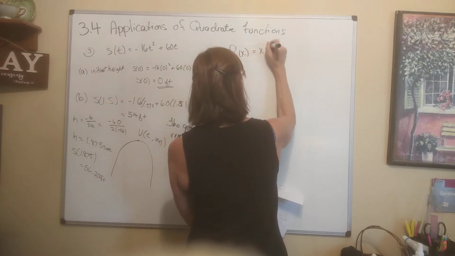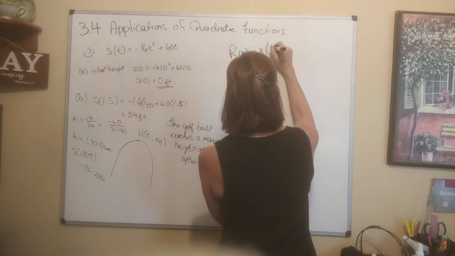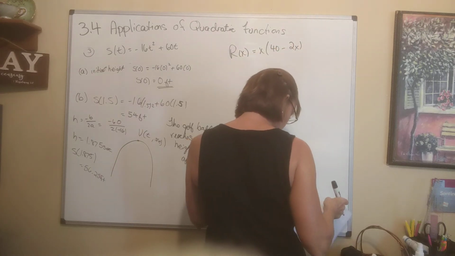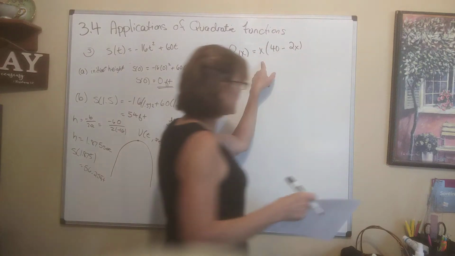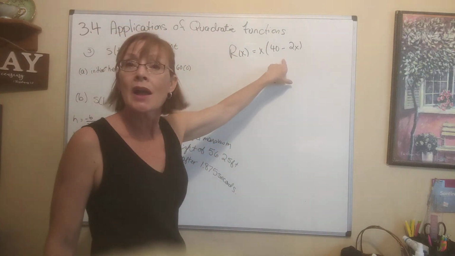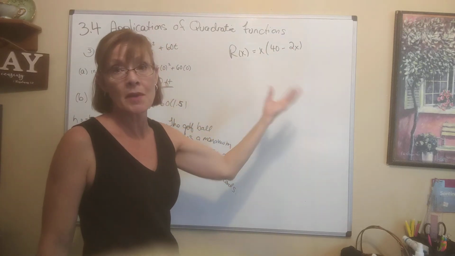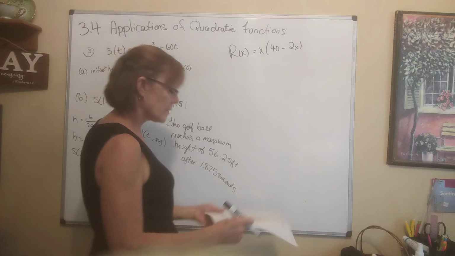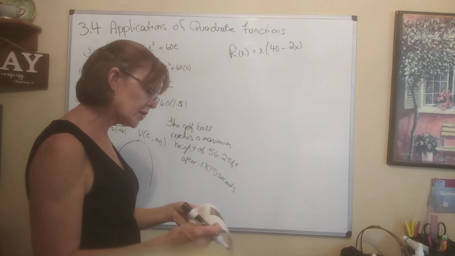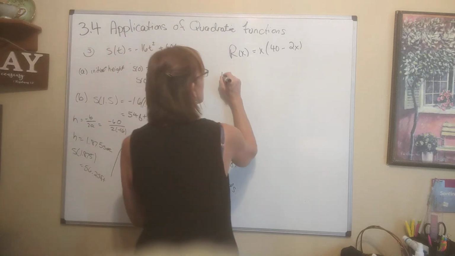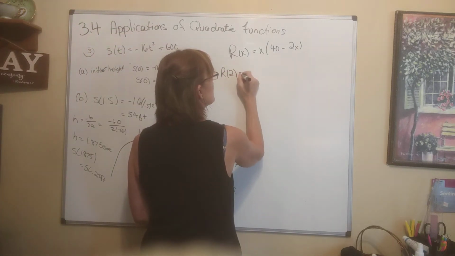X represents basically the amount that they sell, and this is the price that they sell it for. So this is the total amount of money that they have coming in. They want us to evaluate what R of 2 is and interpret it.